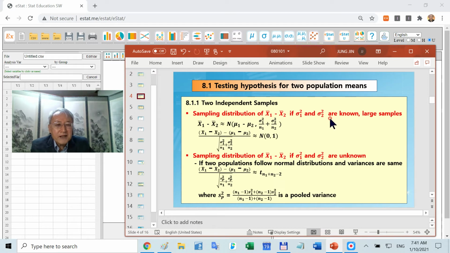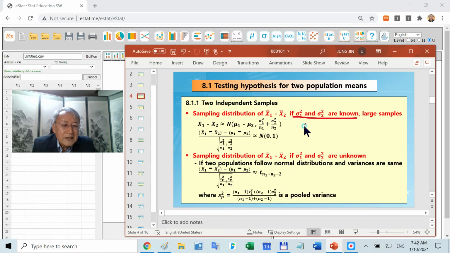This is not practical, but suppose you know the population variances are known. In this case, the sampling distribution of the sample mean difference follows a normal distribution.